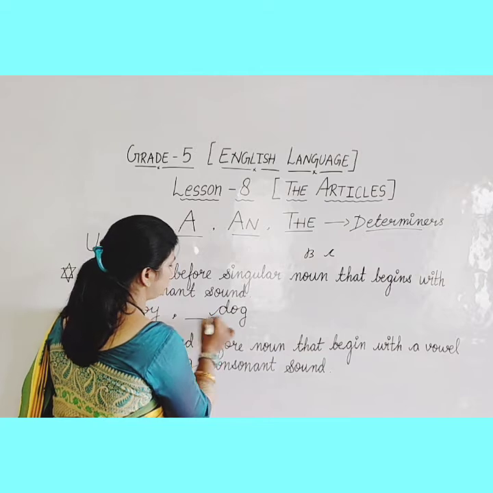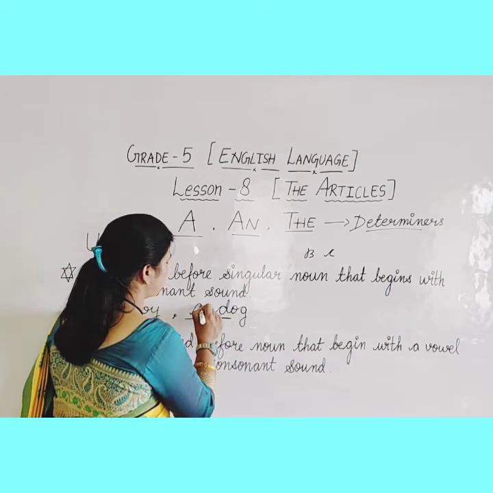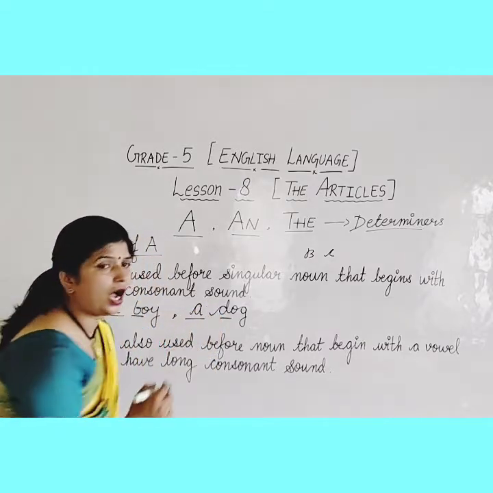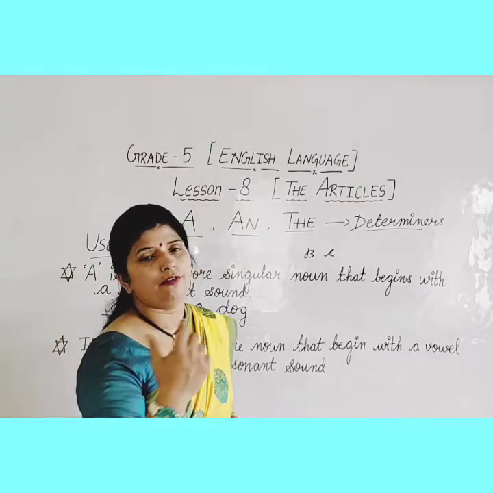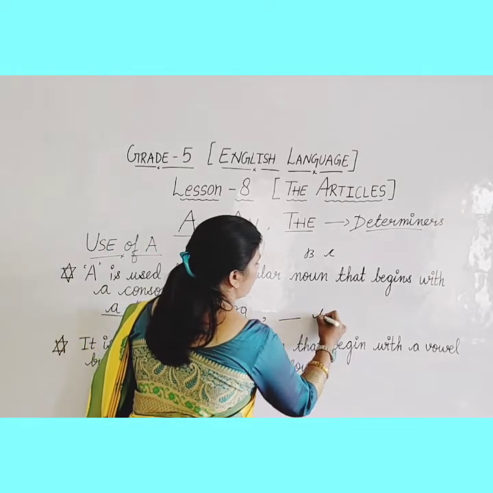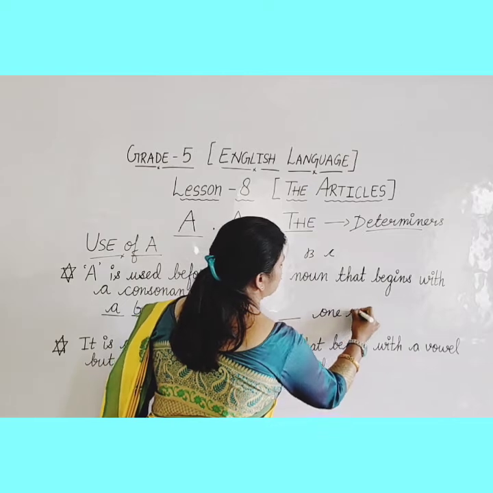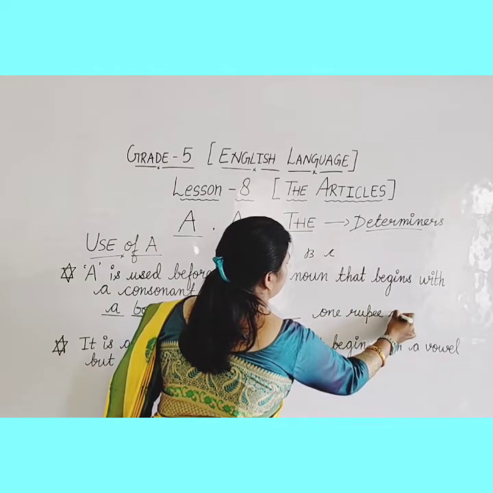A dog, because you can see it is starting with D and the sound of D is coming, so we can use a dog. Similarly, we can say a house, or suppose one thing is given, 1 rupee note.